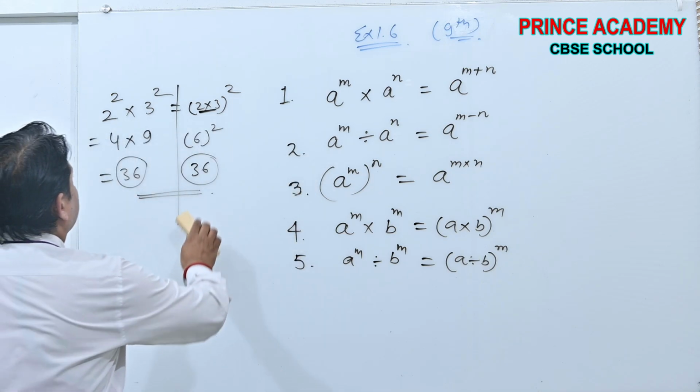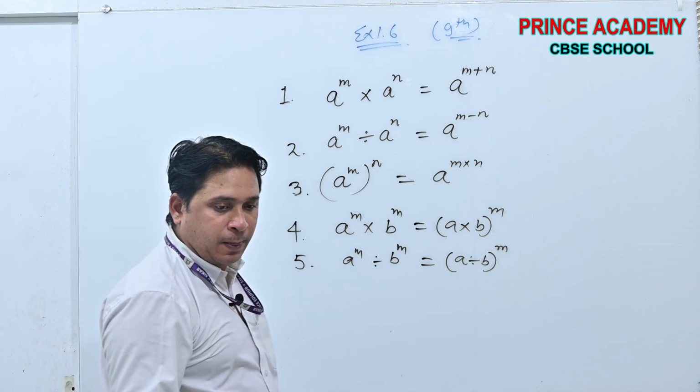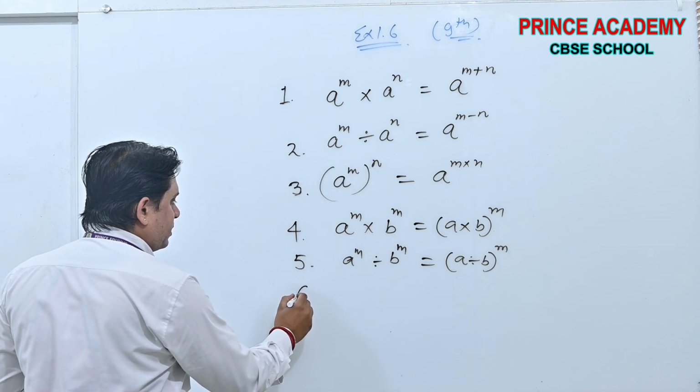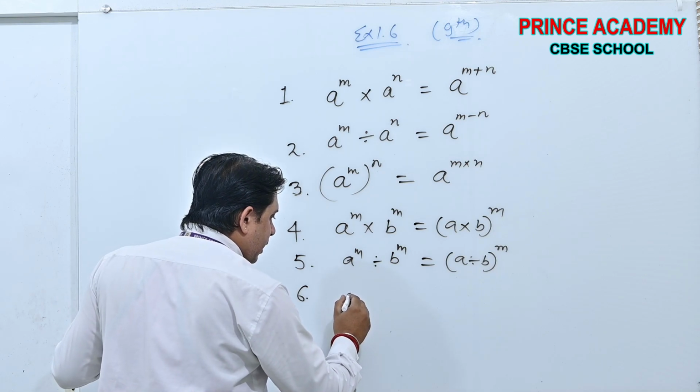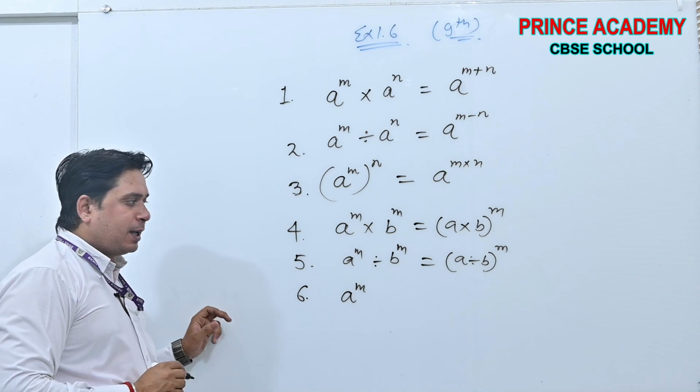Okay, now see, beta, next rule, number 6. A raised to power minus m can be written as 1 by a raised to power m.